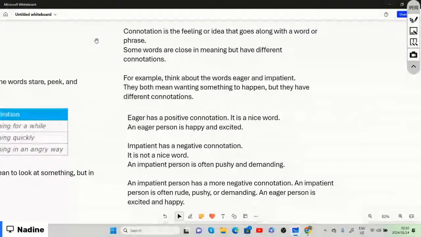And then we have connotation. And you can either have negative connotation or you can have positive connotation.